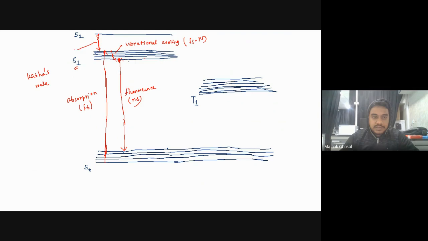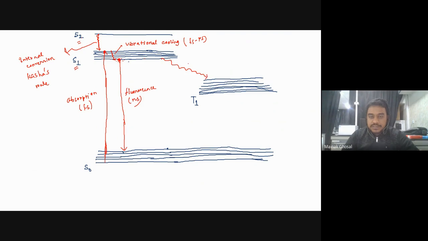Whenever there is a transformation between two states of the same spin multiplicity, suppose here S1 and S2, you can see they have the same spin multiplicity, this is called internal conversion. Whenever there is a transfer between states of the same spin multiplicity, this is called internal conversion.